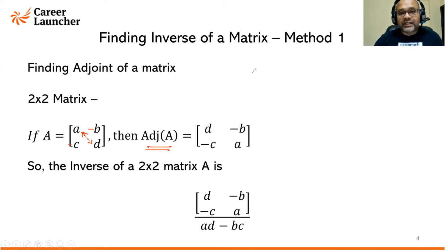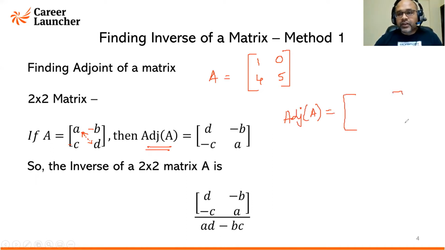I'll show it to you with an example. If I have 1, 0, 4, 5, and I want to find the adjoint of this matrix. This is your A. So the adjoint of A will be, first you will have to interchange the primary diagonal elements.